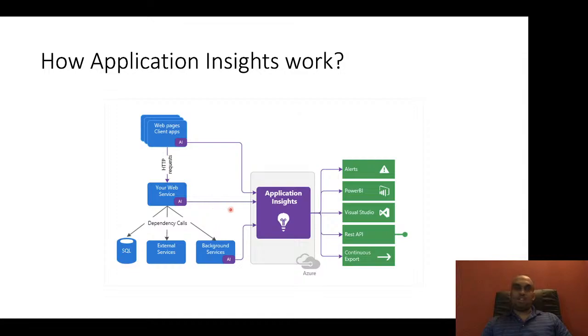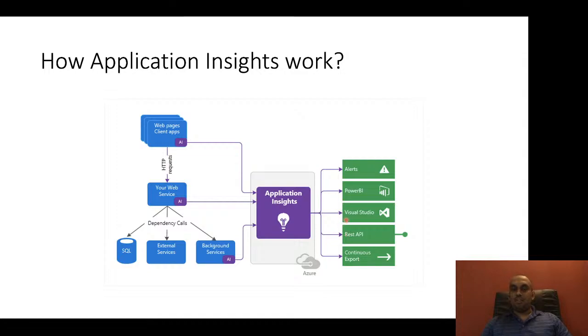Everything can be monitored with Application Insights. As you can see, Application Insights resides on Azure, and then you can set up alerts or viewing tools like Power BI. You can create Power BI dashboards with it, or even see it in Visual Studio itself if you are debugging live.